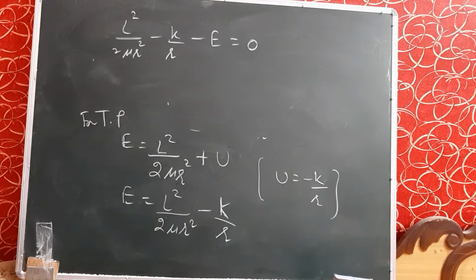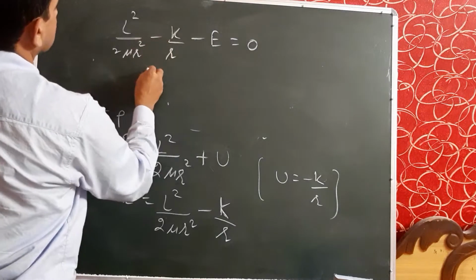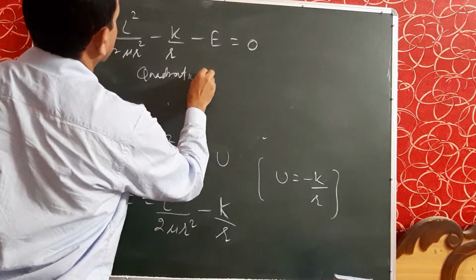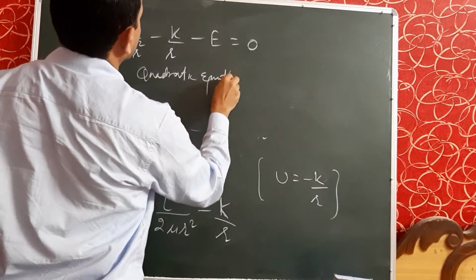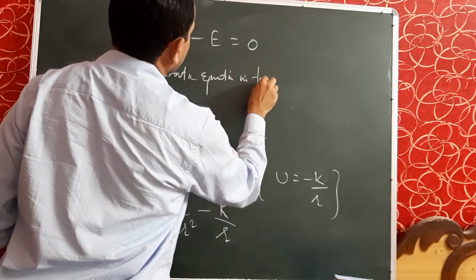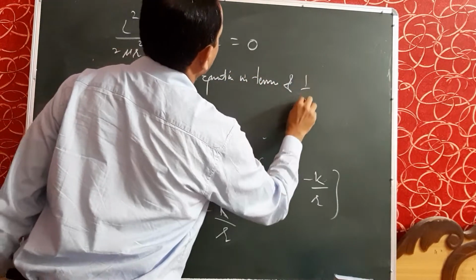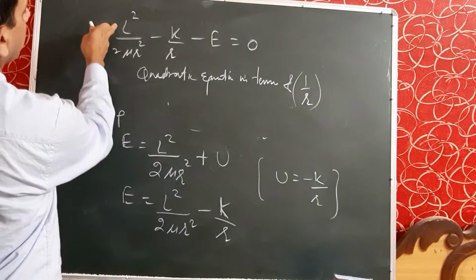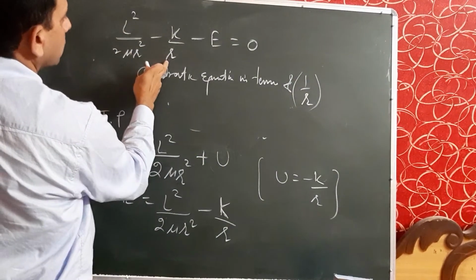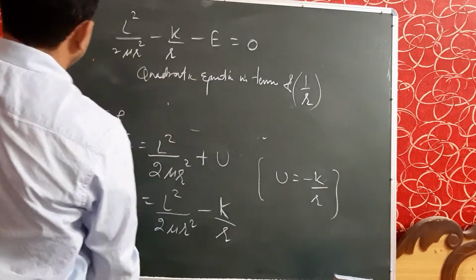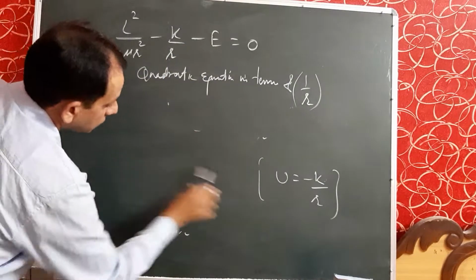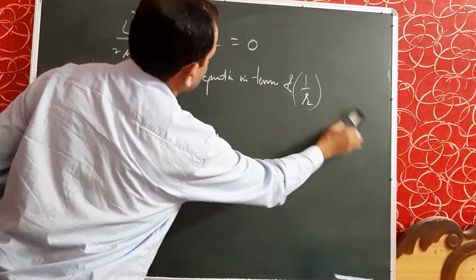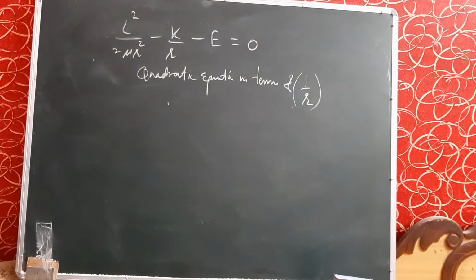This is a quadratic equation in terms of 1 by r, because it has a 1 by r square term, a 1 by r term, and a constant.